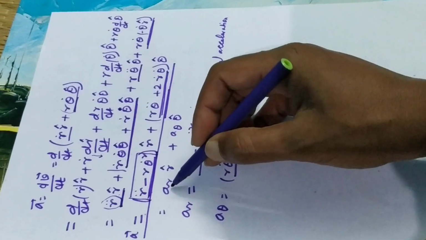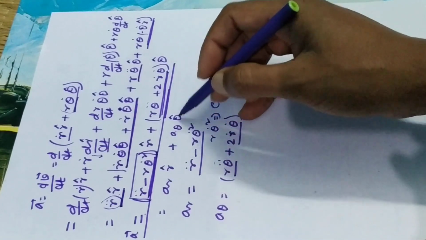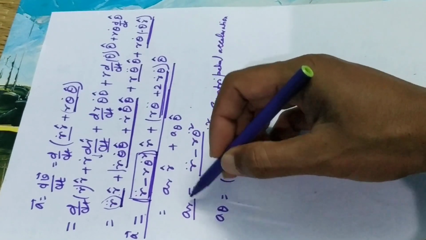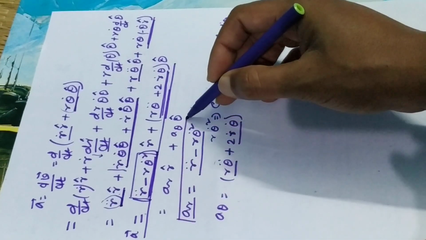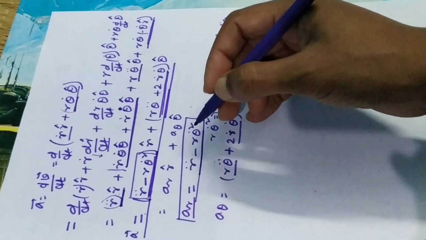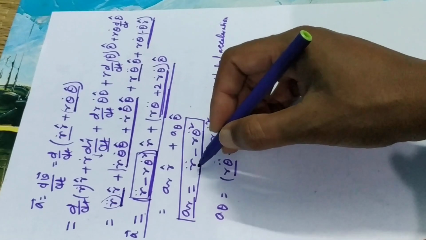So this is written as a_r r-cap plus a_theta theta-cap. The radial acceleration term also has two terms.